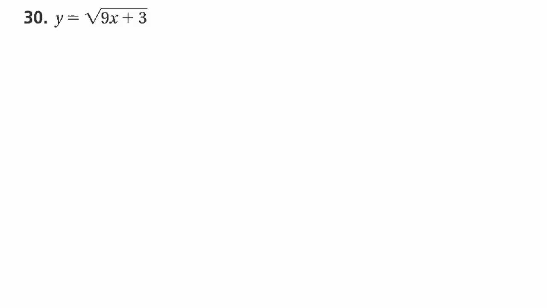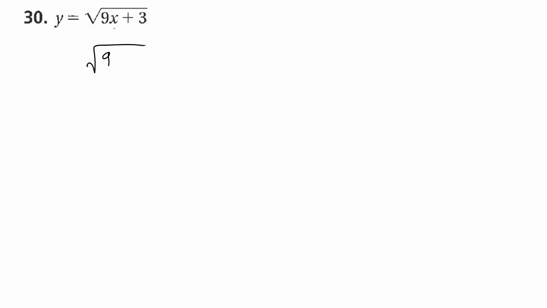For number 30, we're going to do the exact same thing. We want to get it into that form where we don't have anything in front of x inside the radical, because it kind of fogs up what's really going on. So this time, we factor out whatever's in front of the x. In this case, it's a 9.